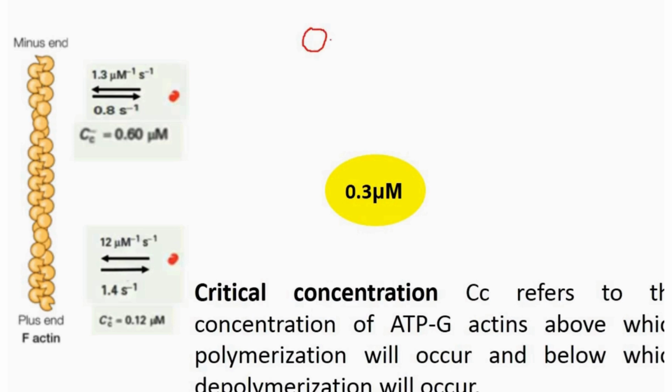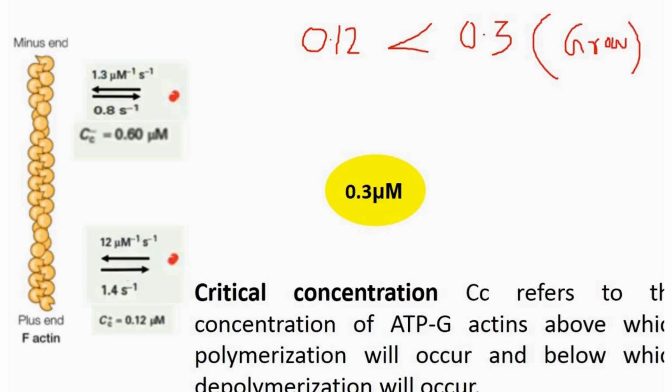So 0.12 is less than 0.3, the external concentration. Therefore, at the plus end there will be polymerization, or there will be growth.